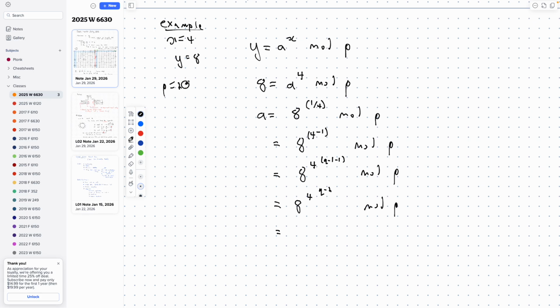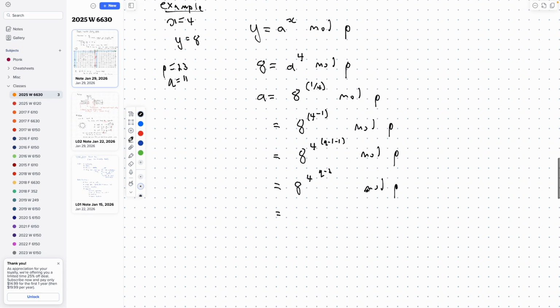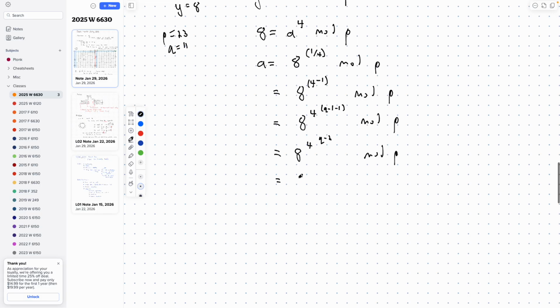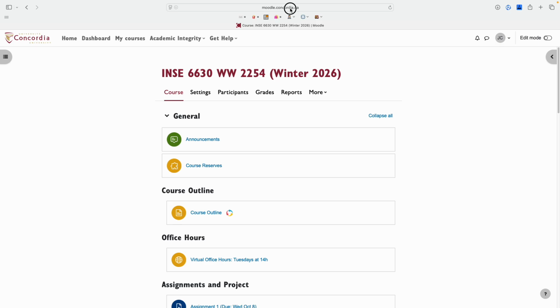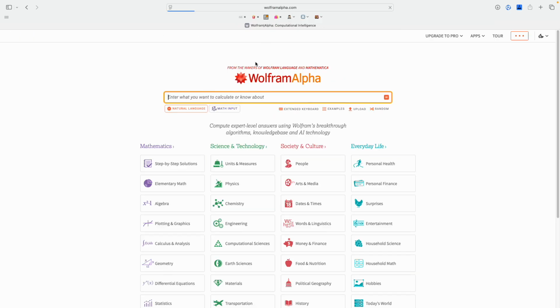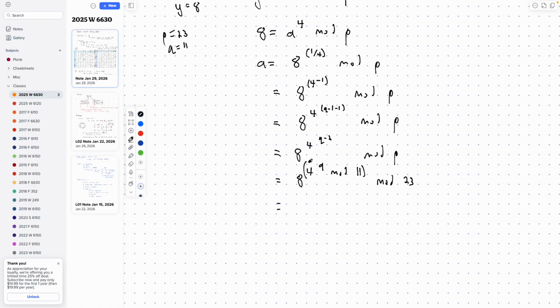The example we were using, p is 23, q is 11. I could have filled those in right from the start, but I didn't. So I'm going to have 8 to the 4 to the 11 minus 2, which is 9. Four to the 9, I'm going to take mod q, which is 11. And 8 to that answer, I'm going to take mod 23. All right, so 4 to the 9 mod 11.